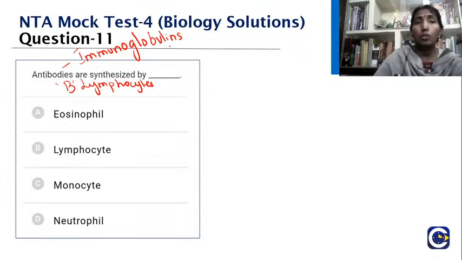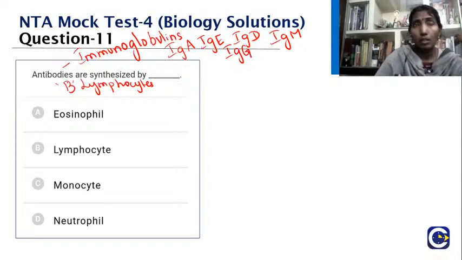Immunoglobulins, there are 5 types: IgA, IgE, IgD, IgM, and IgG. So these immunoglobulins are the antibodies, and they are synthesized by the B lymphocytes. So what should be your right answer?